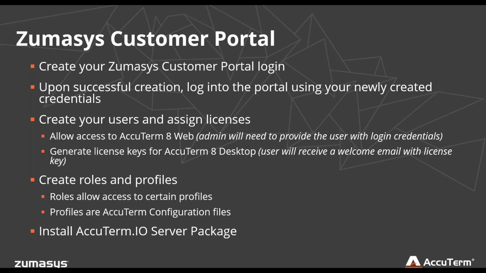So once you've created your users, your roles, and your profiles, if you're using AccuTerm Web, then you need to install the AccuTerm IO server, which is something that was in Patrick's diagram. That's the little web server that we deliver with AccuTerm.